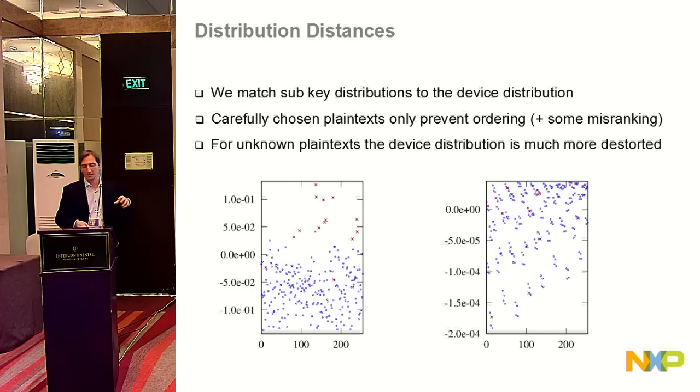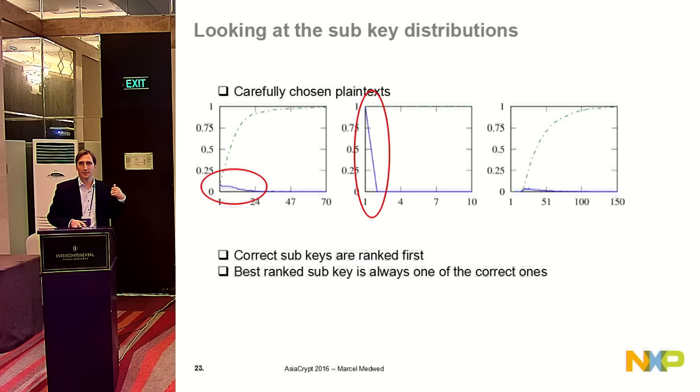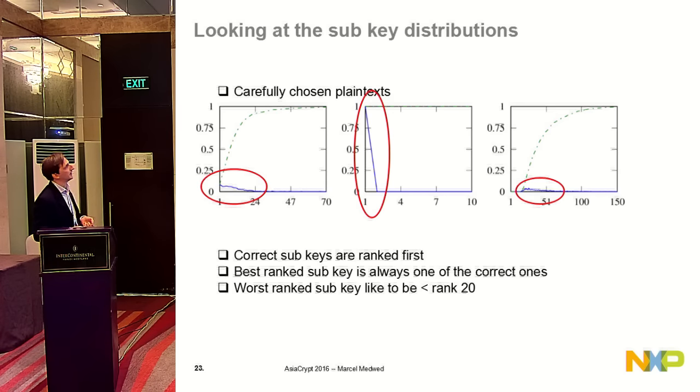Most of the time, the 16 bytes are ranked first, and then there are some outliers. Out of the 16, the best ranked one is always ranked first, and this can be used in an advanced attack. And to find the worst ranked out of the 16, you don't have to go very far, so usually rank 20 is sufficient.